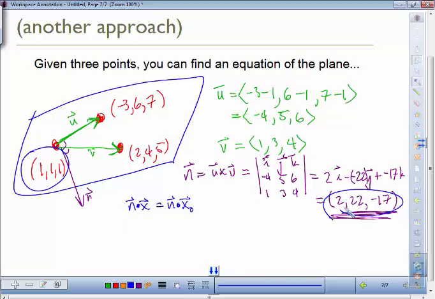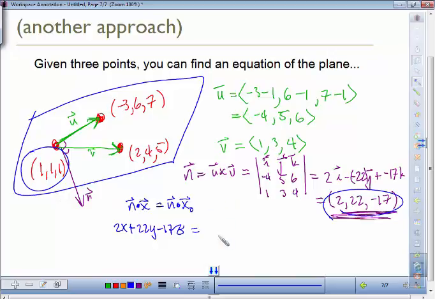So I have 2, 22, negative 17 is my normal. So 2x plus 22y minus 17z. That's the dot product between the normal vector and the x, y, z. And then I need to dot this vector with 1, 1, 1.